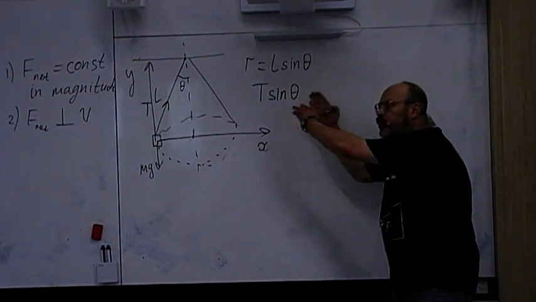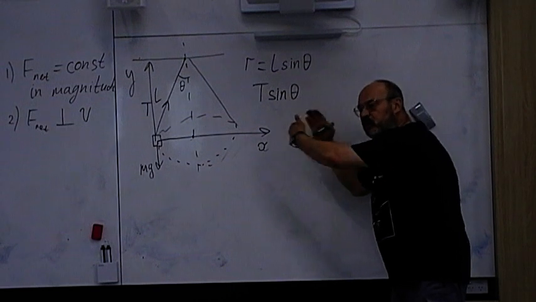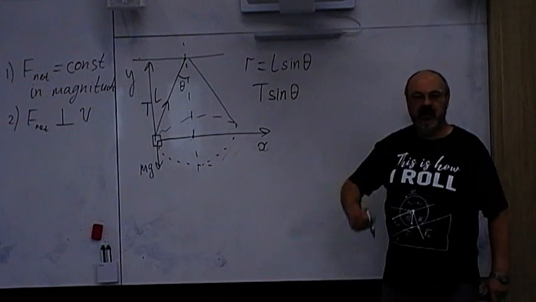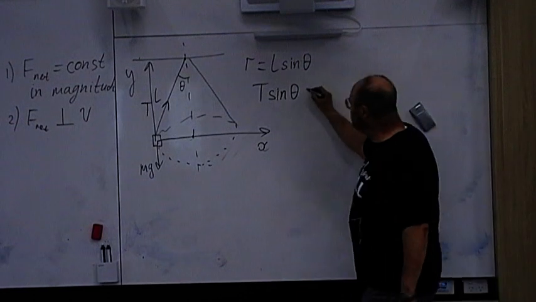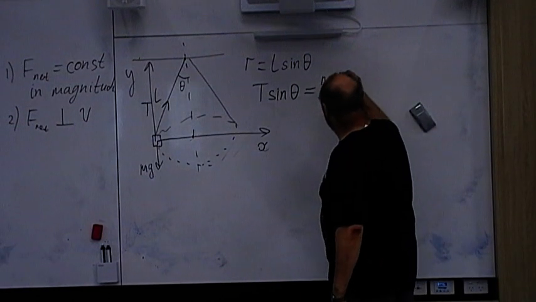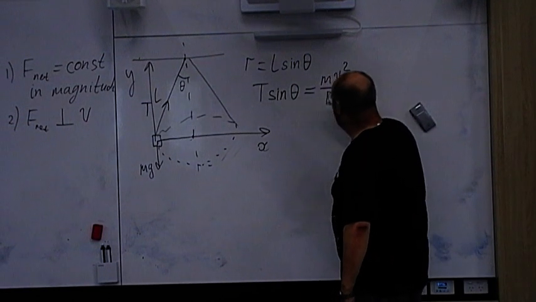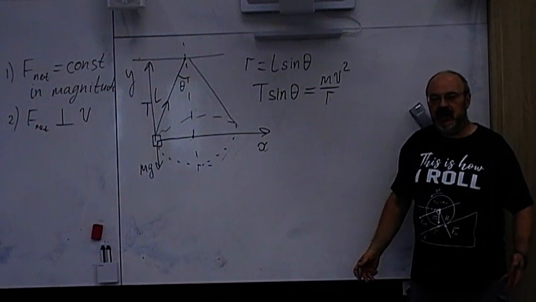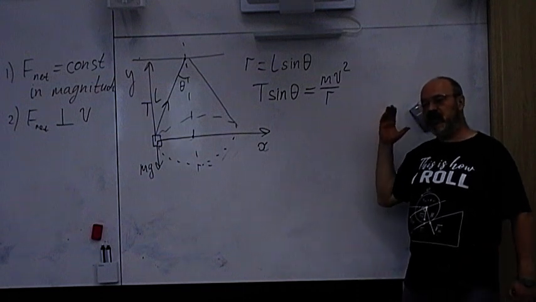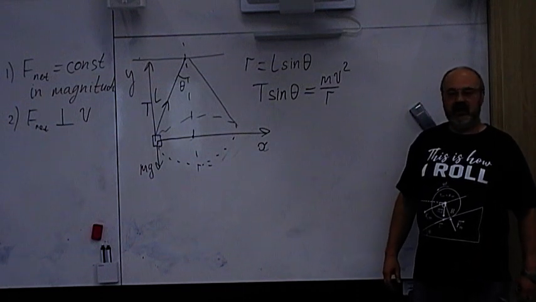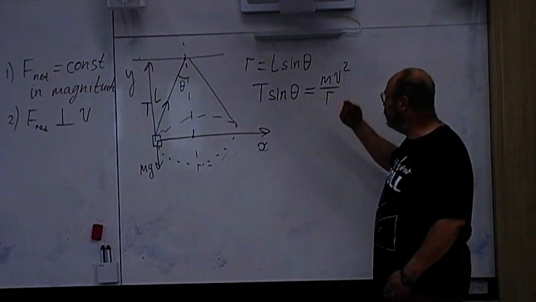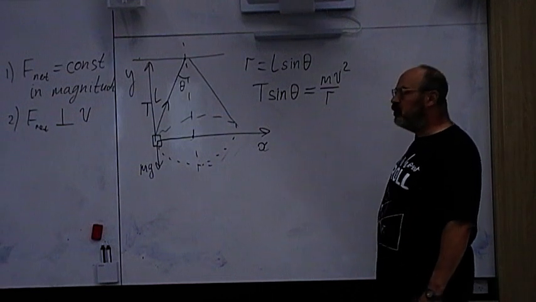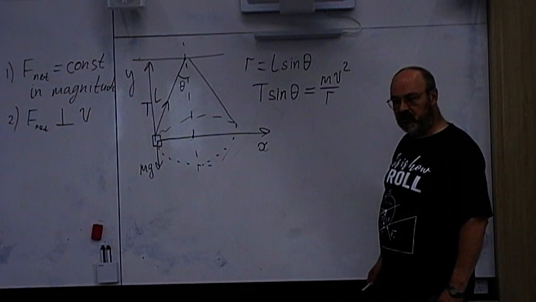That is the centripetal force, what makes it move in a circle, mv squared over r. Because it's moving at a constant speed, the net force has to be directed to the center of the circle. So T sine theta equals mv squared over r, in the x direction.